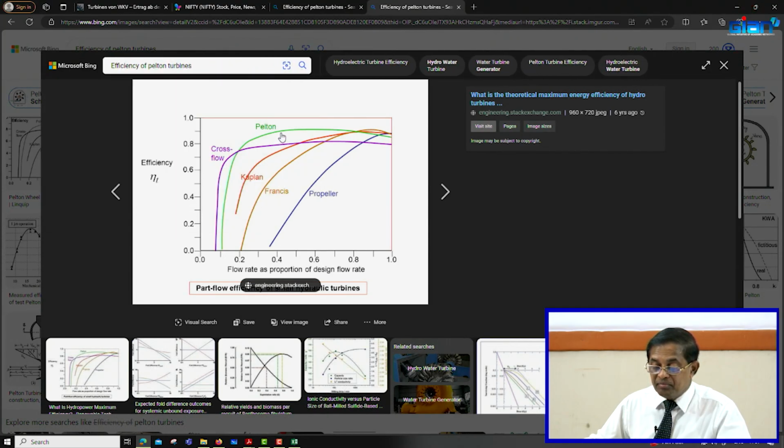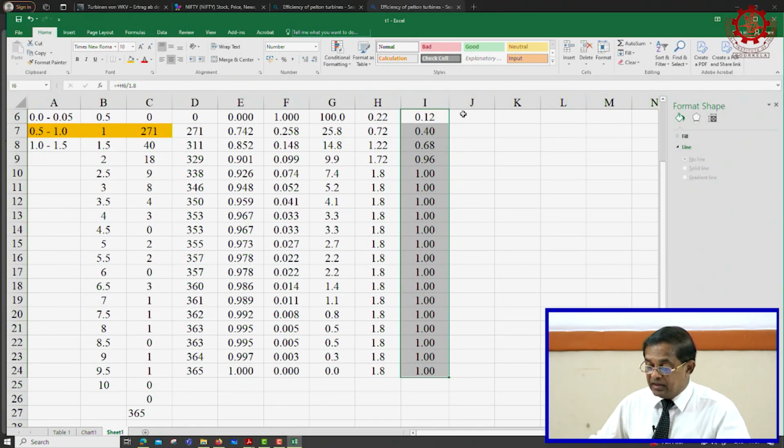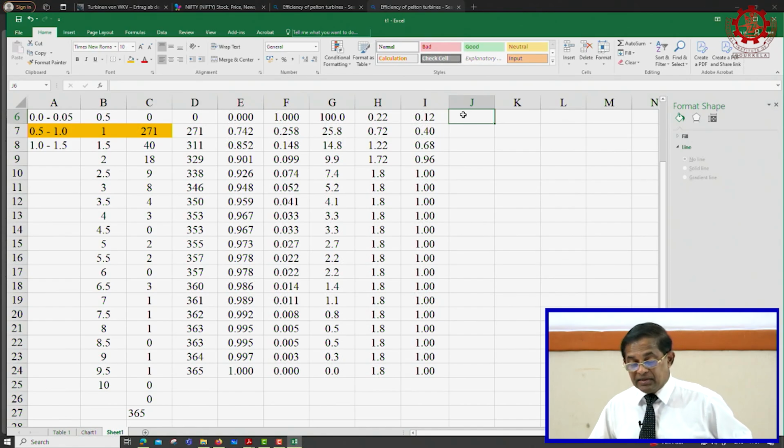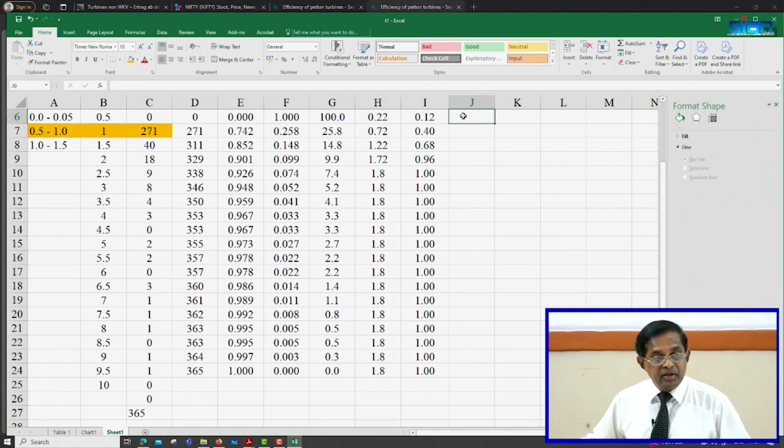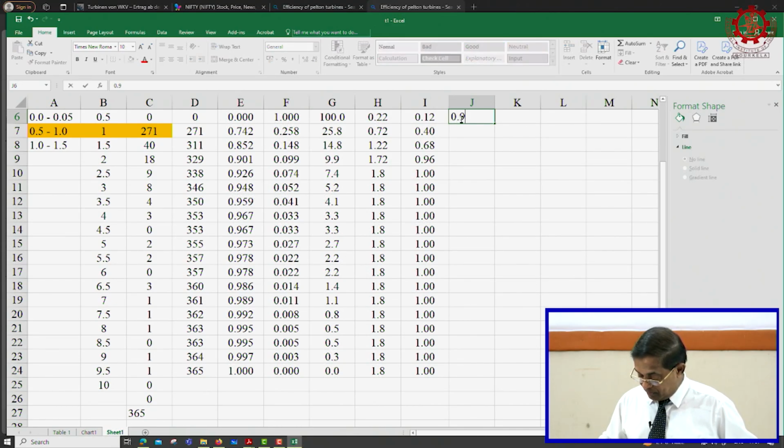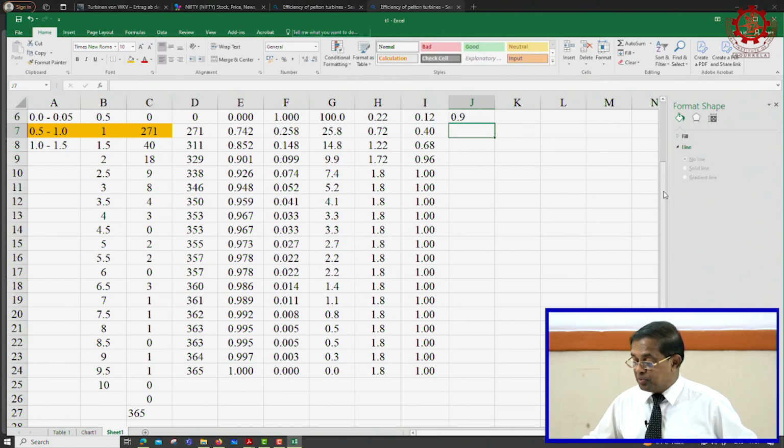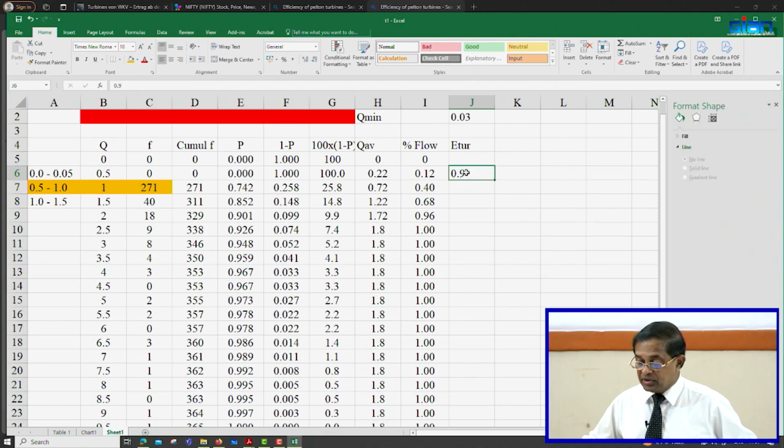So there is no problem assuming all the values as 90 for our case. In this particular example, as per that graph, almost everything is at 90. Turbine efficiency also appears to be constant because our low flows are less, but it is not always the case.